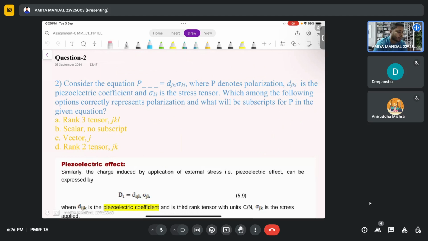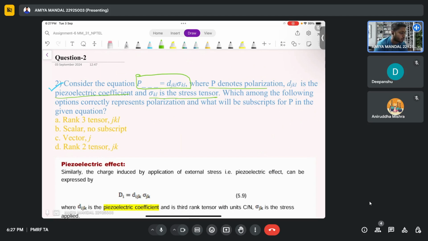So you can now answer the question, not just read it. Consider the equation P = d into sigma. You have to find the rank of P. P denotes polarization, d denotes the piezoelectric coefficient, and sigma denotes the stress tensor.